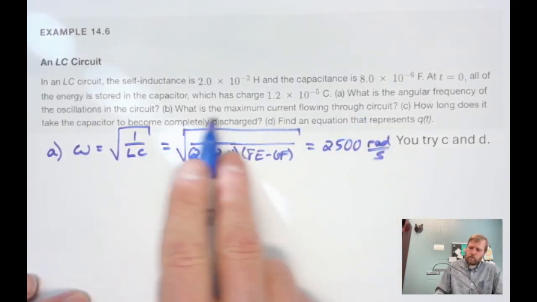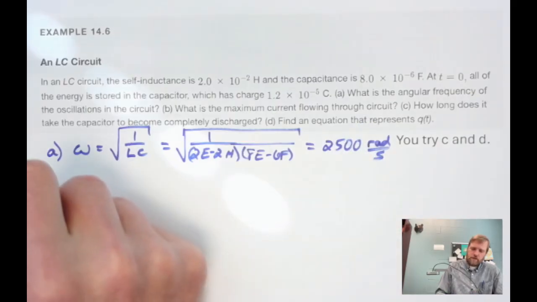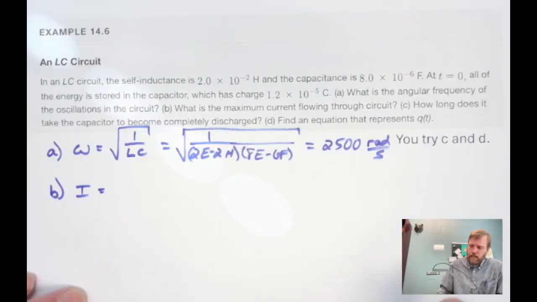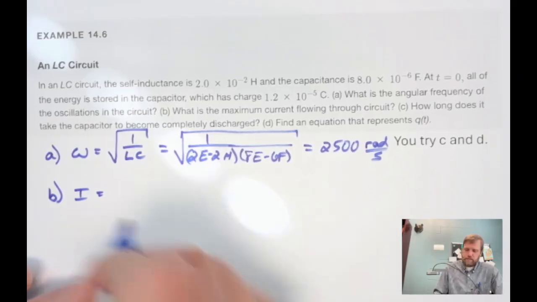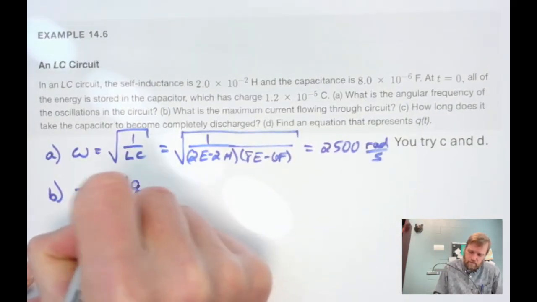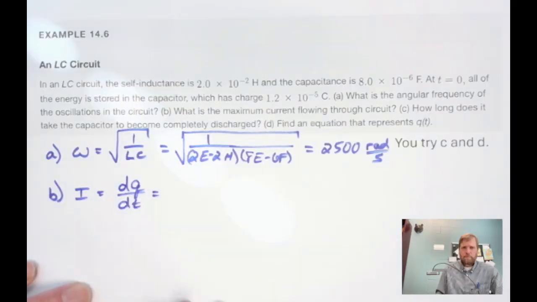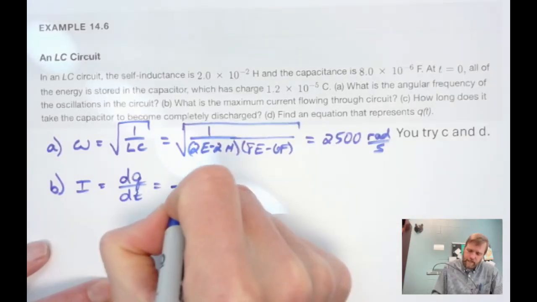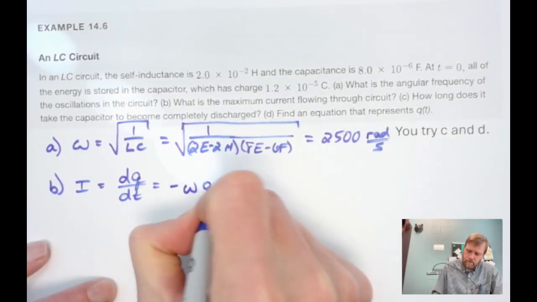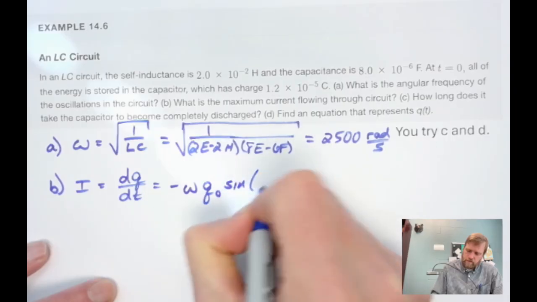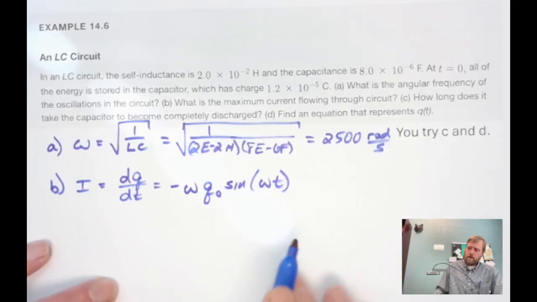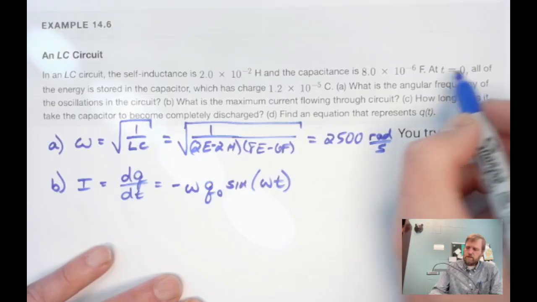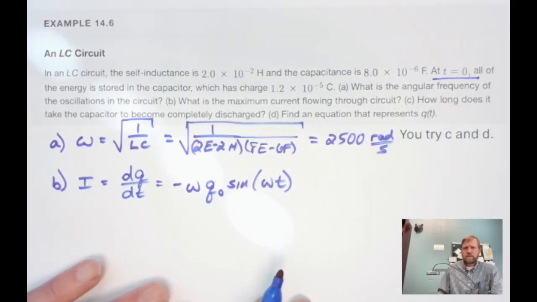All right, part B, what is the maximum current flowing through the circuit? So for part B, we need I. Well, I is just the time derivative of Q. If I take the derivative of this, we just did it, it's negative omega Q naught sine omega t, where we're not including the phi, which is the phase angle, because at t equals 0, all of the energy is stored in the capacitor.